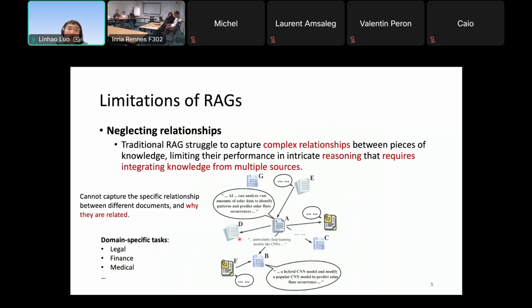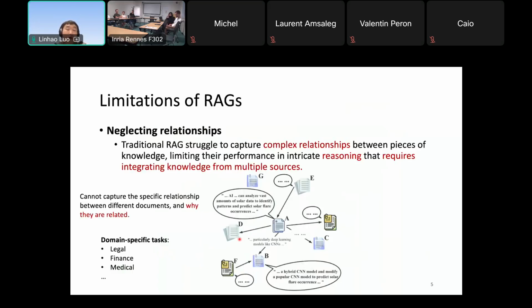One limitation of such a pipeline is that it usually ignores the relationship between the knowledge or between the documents. This limits performance in intricate reasoning that requires integrating knowledge from multiple sources.